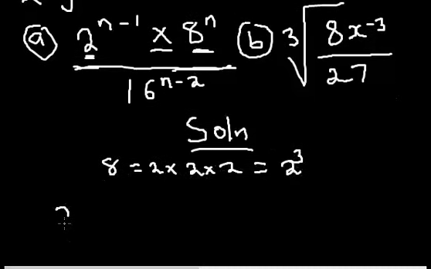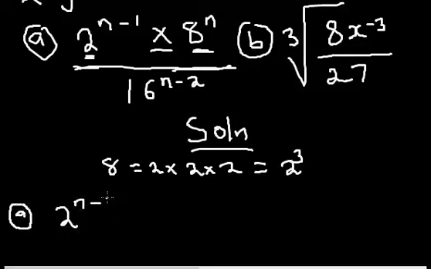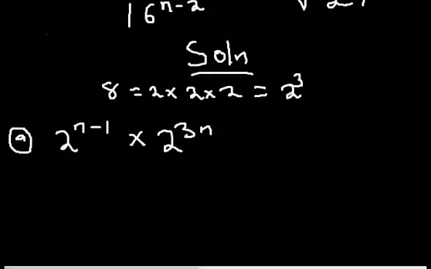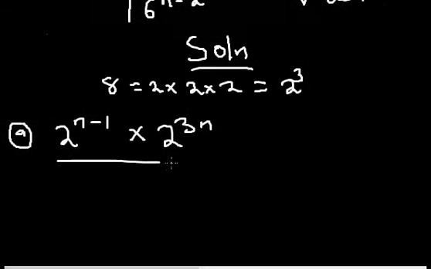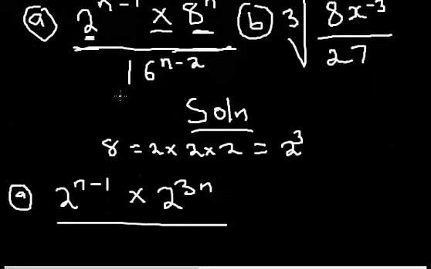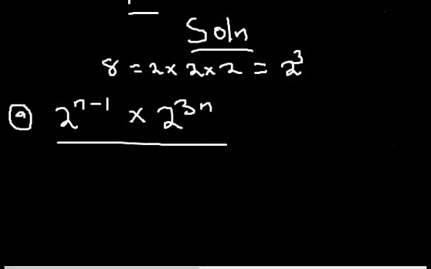So that's exactly how I'm going to convert this. I'm now having 2 raised power n minus 1, then multiply by 2 raised power 3, and then all over, I'll do the same to 16. Change it to an index.